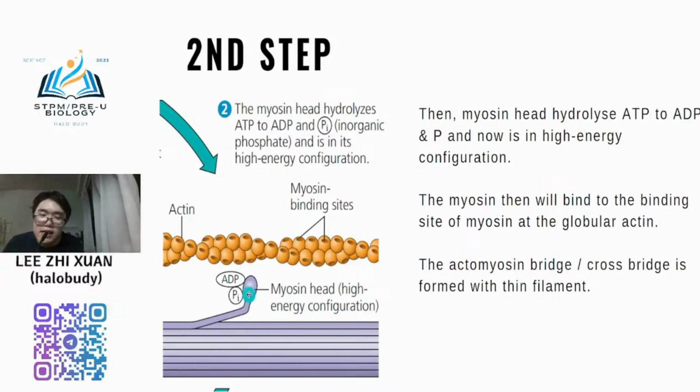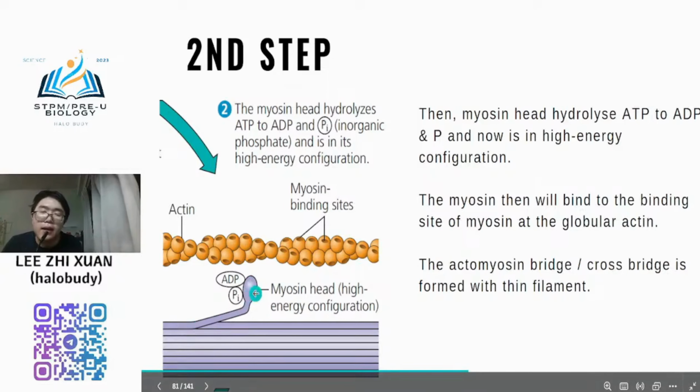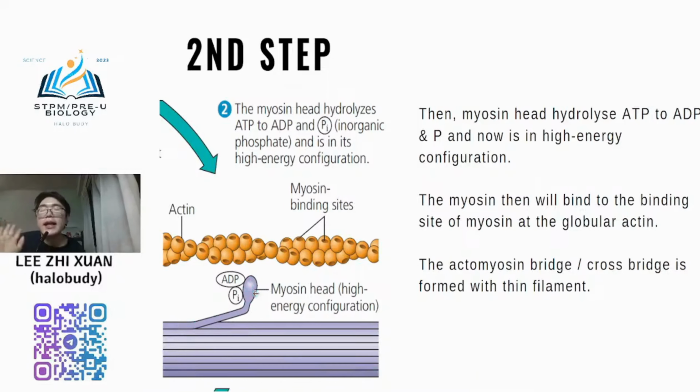You see in this diagram, it is moving and upright. Earlier it was limp, now it is in focus, about to move, starting to bind to the myosin binding site on the actin filament. So the myosin will bind to the myosin binding site at the globular actin.